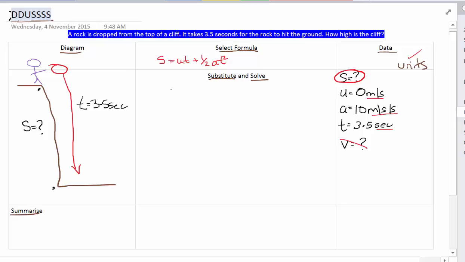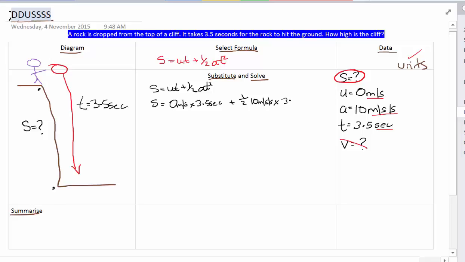Substitute, solve, and summarize. So we're going to substitute into S equals UT plus half AT squared. S I don't know, so I'm going to leave it as S. U is 0 meters per second, multiplied by the time, which is 3.5 seconds, plus half A, which we said is 10 meters per second squared, times the time.